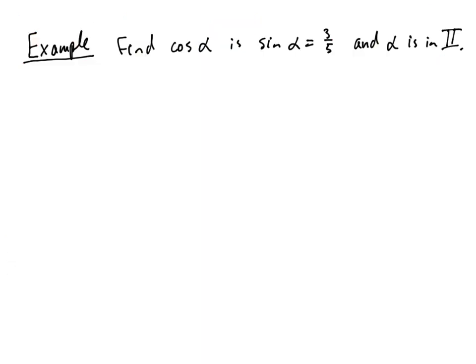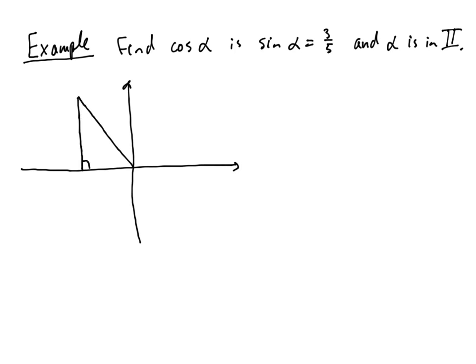All right, one last example for this video. It says find cosine of alpha if sine of alpha is 3/5 and alpha is in quadrant 2. So we have an angle alpha in quadrant 2, and sine of that angle is 3/5. An angle like that is always down by the origin.